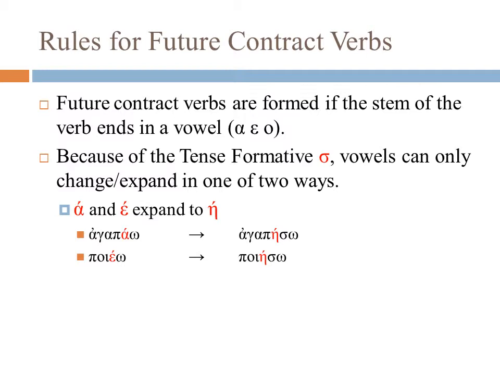So poieso, I will do. And omicron expands to an omega. Makes sense, right? Short vowels are expanding to long vowels. So, plerao, I fill, will expand in the future to plerao, I will fill. It's important that you see that the ending is in no way affected here. This is merely a contract verb that's crashing up against a sigma and forcing it up like the continental divide.